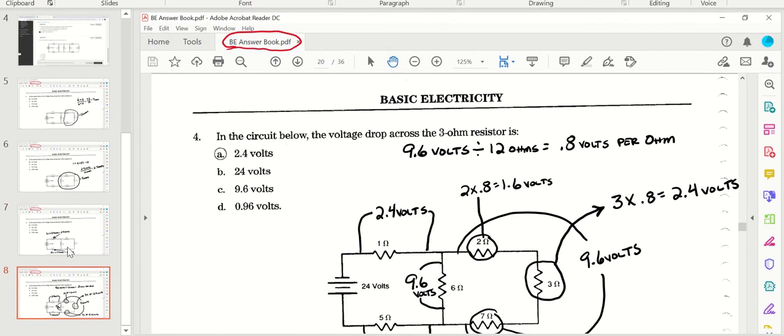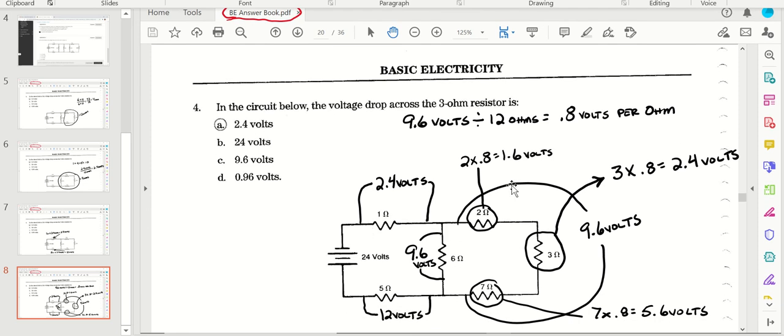So the 2.4 volts and the 12 volts across these two resistors leaves us with 9.6 volts when you subtract 14.4 from 24. We end up with 9.6 volts as the voltage drop across this 6 ohm resistor, and it's also the voltage drop across this series circuit of 3 resistors.